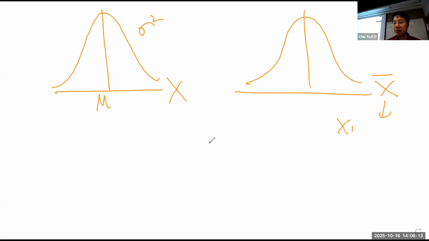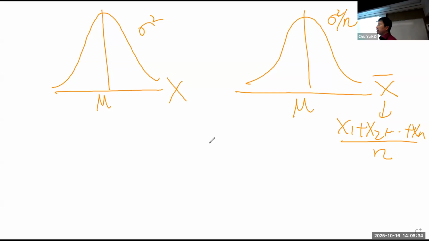Because what is this? This is x1 plus x2 up to xn, over n, and each one is a bell curve. Remember, adding bell curves gives a bell curve, and dividing by n is just dividing by a constant, so it's still a bell curve with mean mu and variance sigma squared over n. So here, I don't need any central limit theorem.